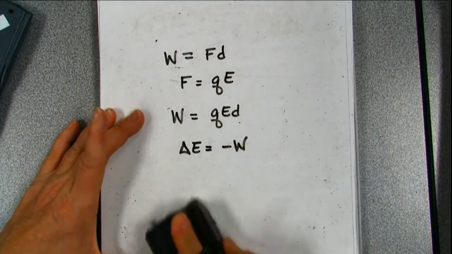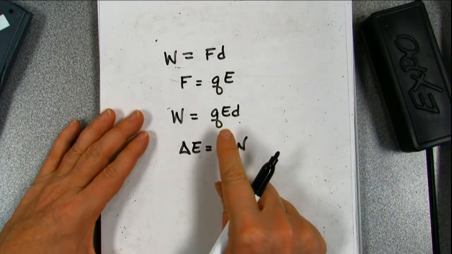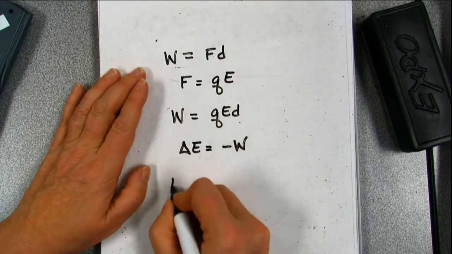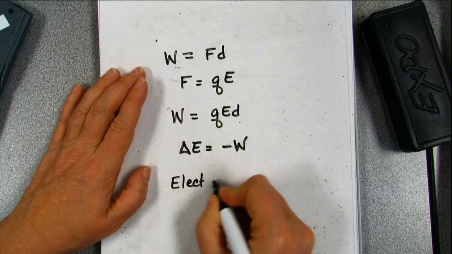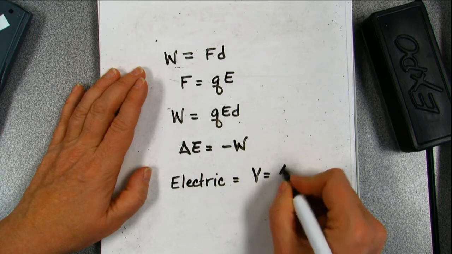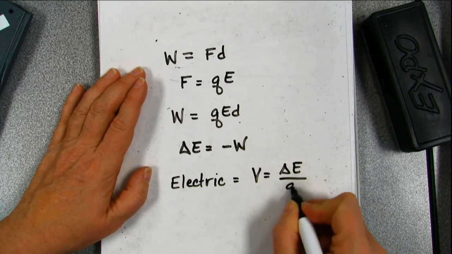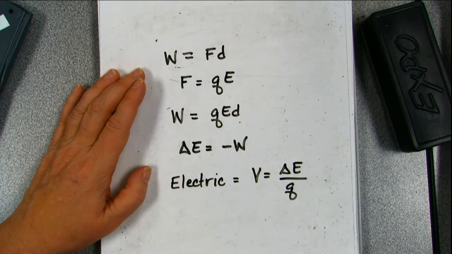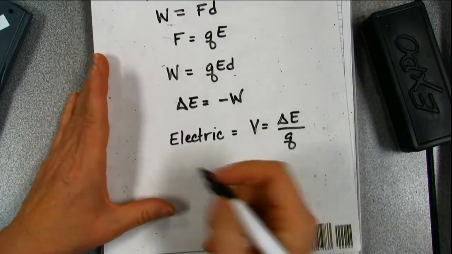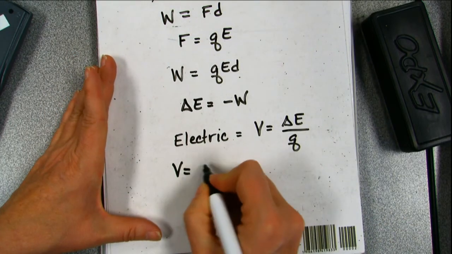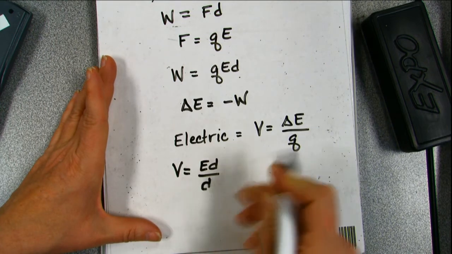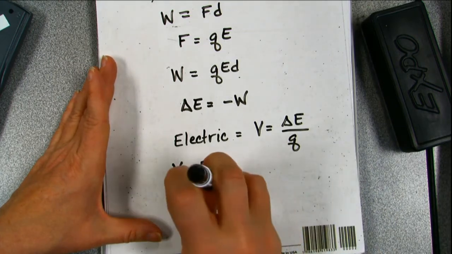So electrical potential, if I've got work here, and I want to do this, we're going to define our electric potential with a V, and that's going to be our change in energy divided by Q. And our change in energy is opposite work, so our electric potential then becomes just ED.